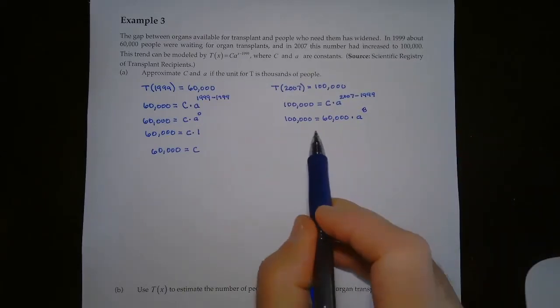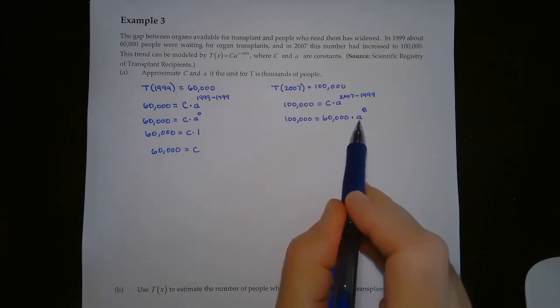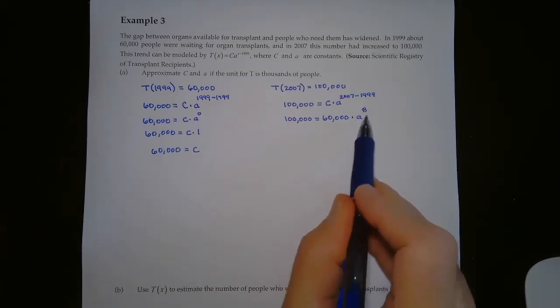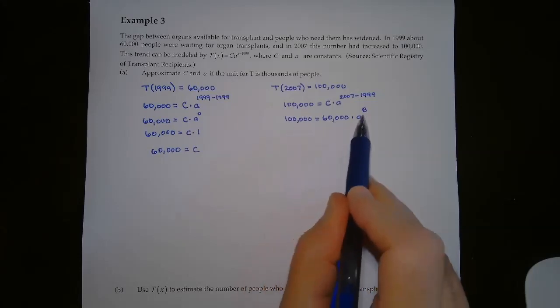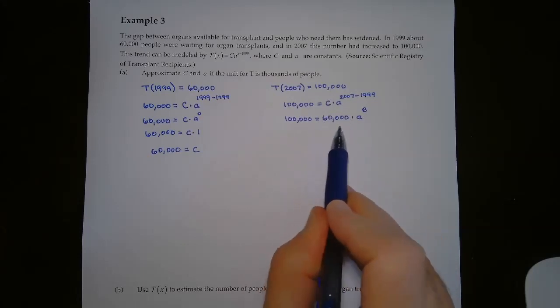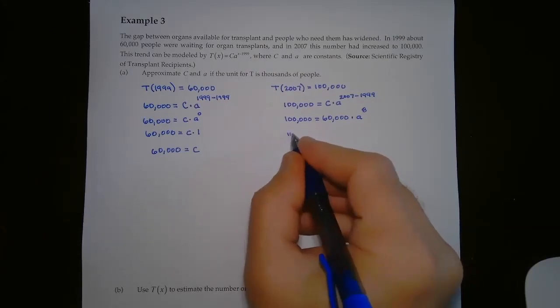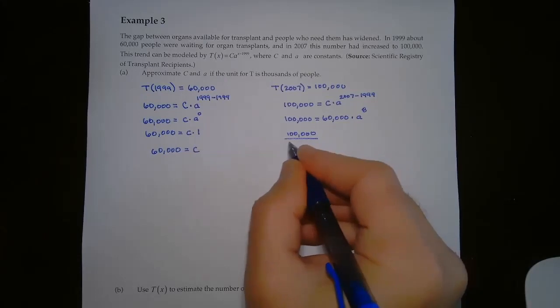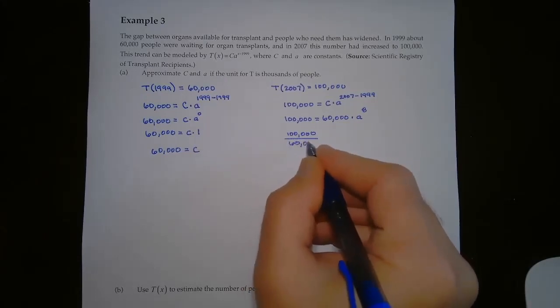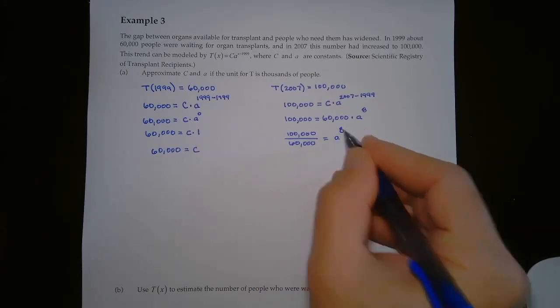Now the next thing I want to do is get to this A, but before I get to A, I need to get to A to the 8th power. So I'm going to divide both sides by 60,000, because that's what I'm doing to A to the 8th. I'm multiplying by 60,000, so I need to divide both sides by that. So 100,000 divided by 60,000 is equal to A to the 8th power.